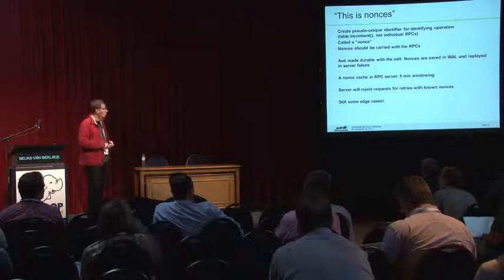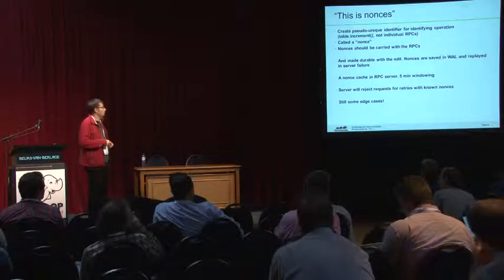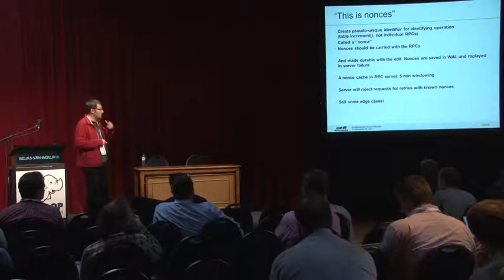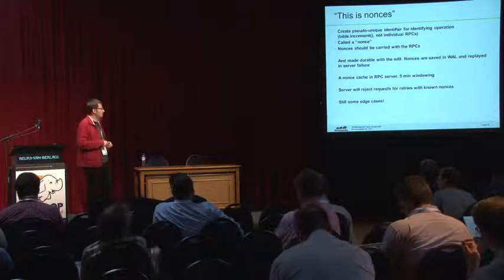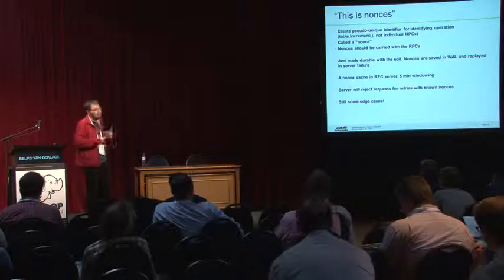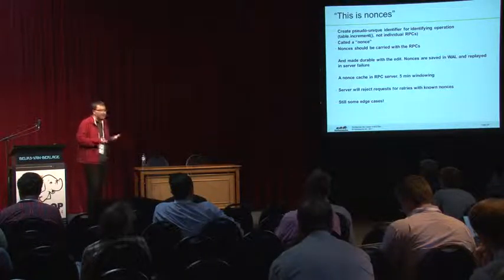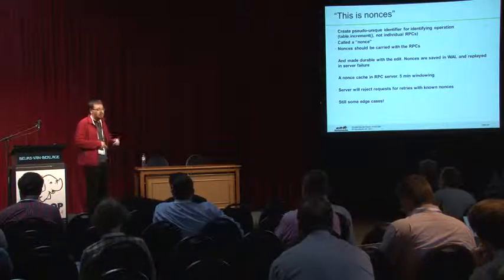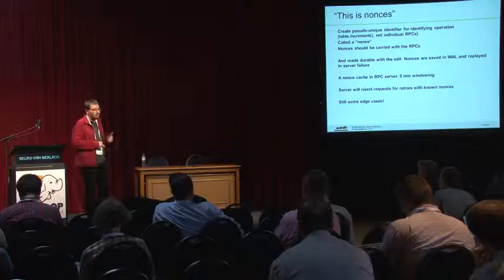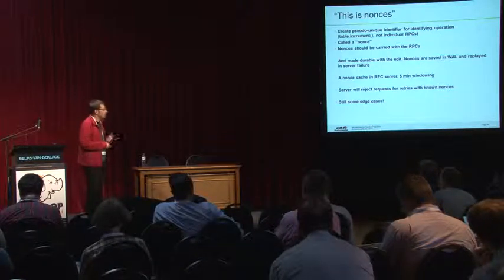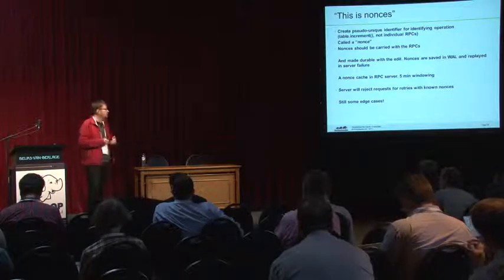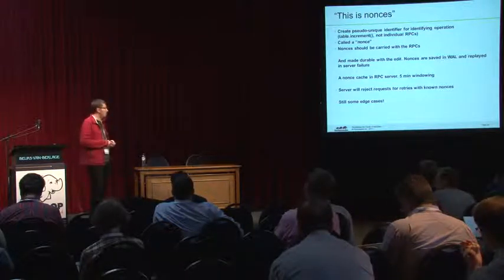The nonce is also cached in a 5-minute window. So if the client retries this same RPC on a different server or on the same server, it will be rejected.